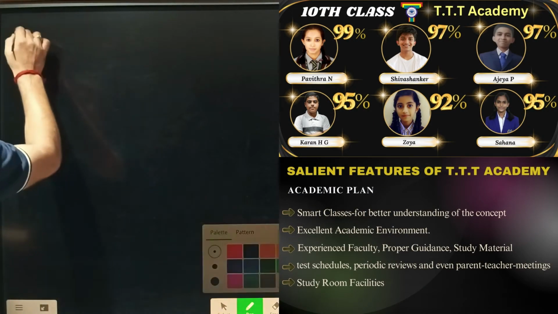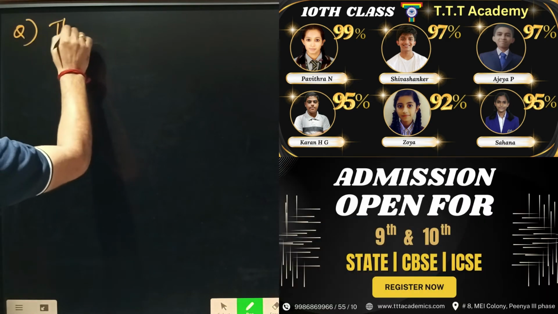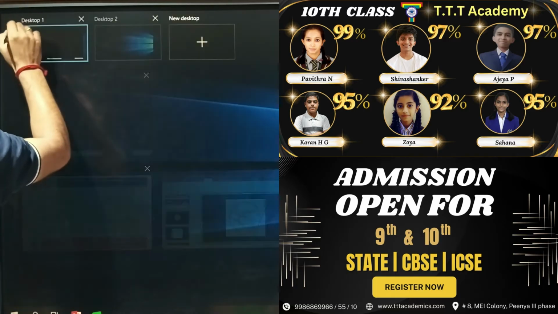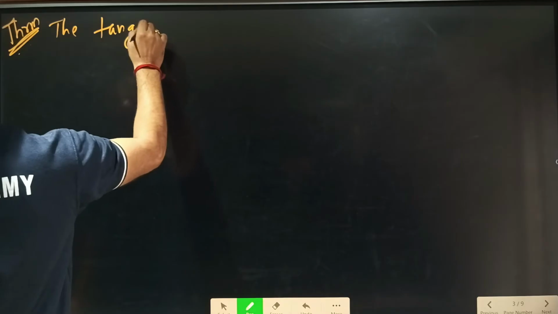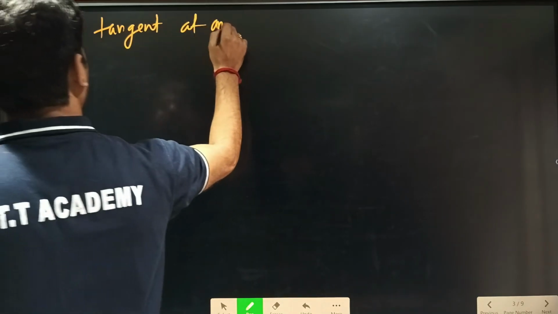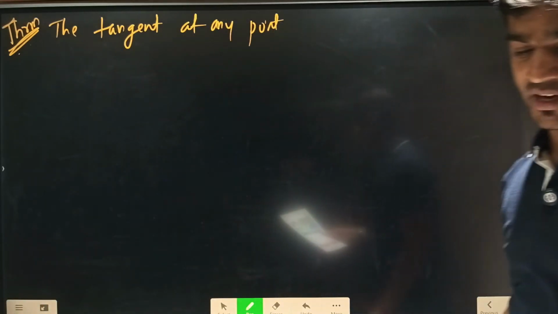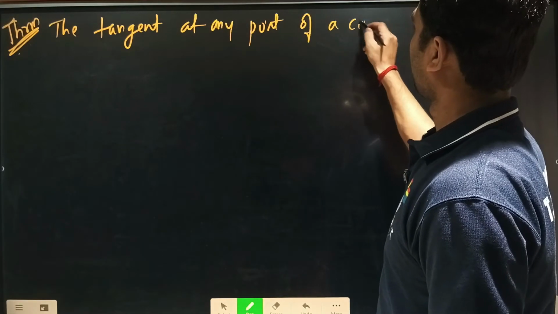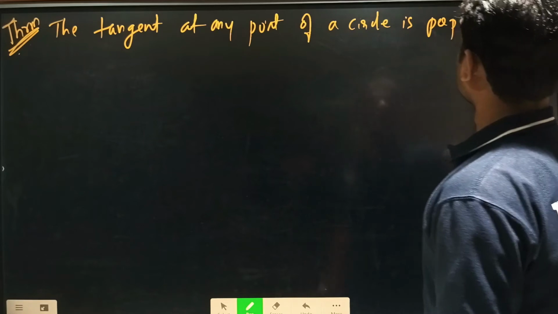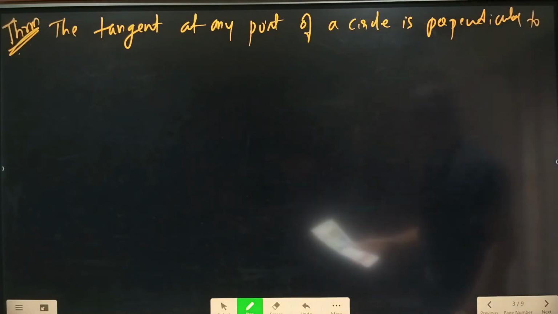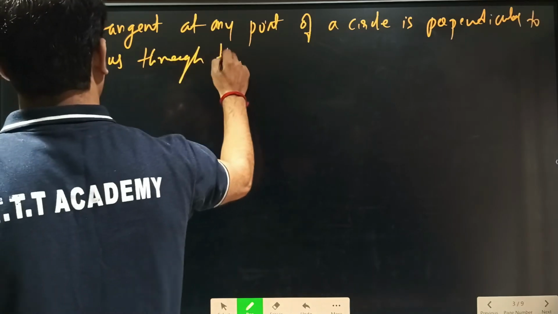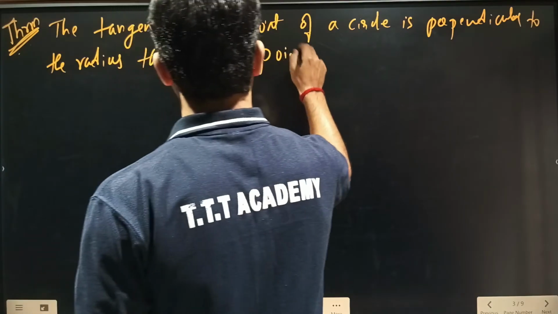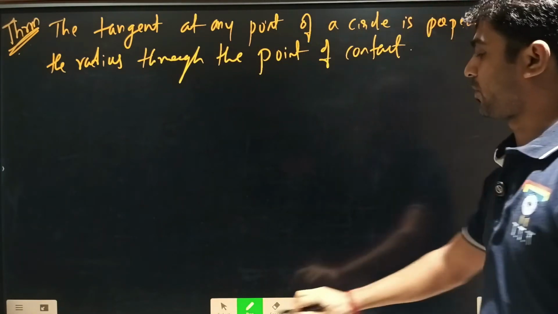Okay, note it down. So let's go on writing from one side. To prove this, the theorem: the tangent at any point of a circle is perpendicular to the radius through the point of contact.